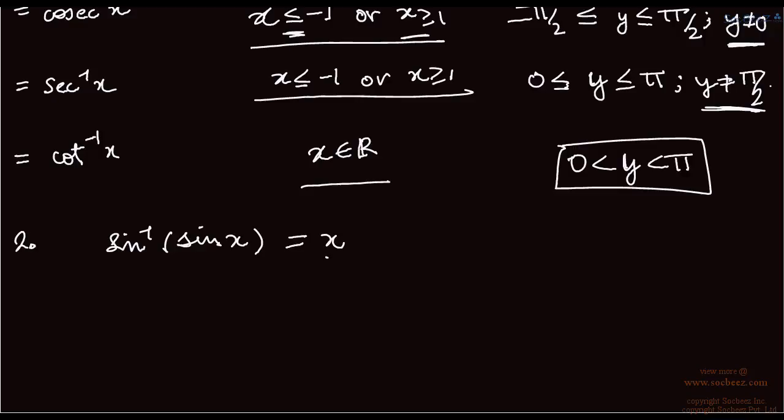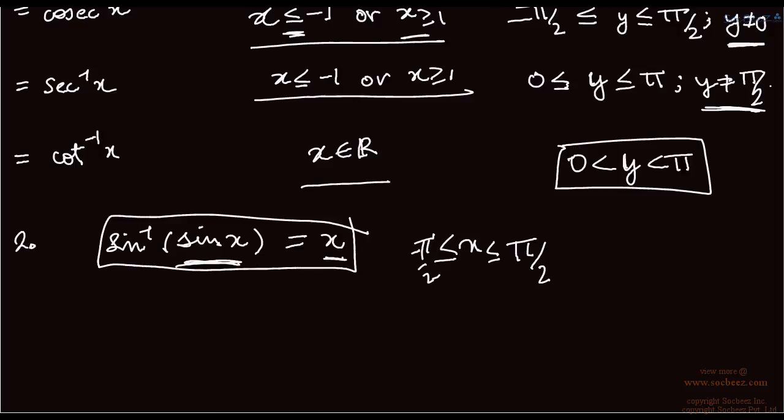So x will be from minus pi by 2 to pi by 2. In this domain only you can apply this. If x is in between minus pi by 2 and pi by 2. If x is pi, then you cannot apply this, but in case of like 3 pi by 4 or something like that, you cannot apply this because it will give negative results and other results.